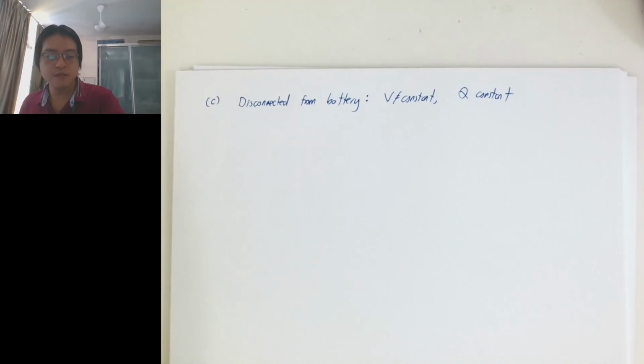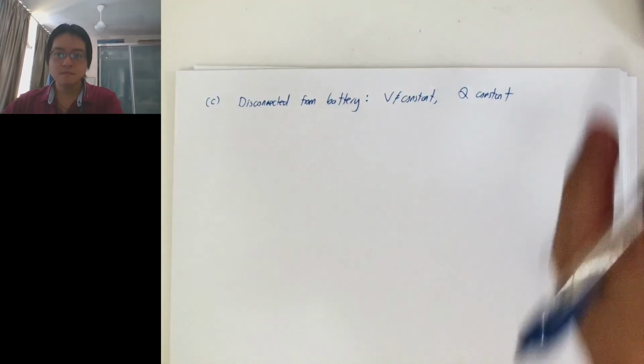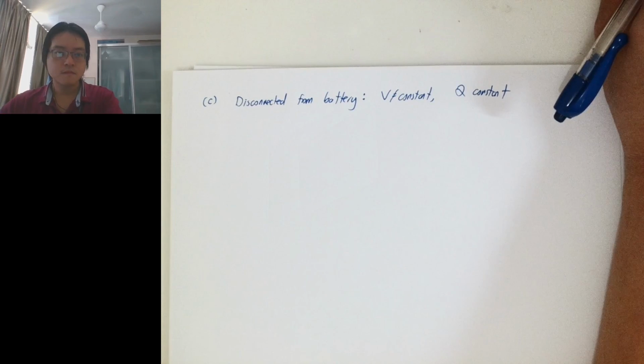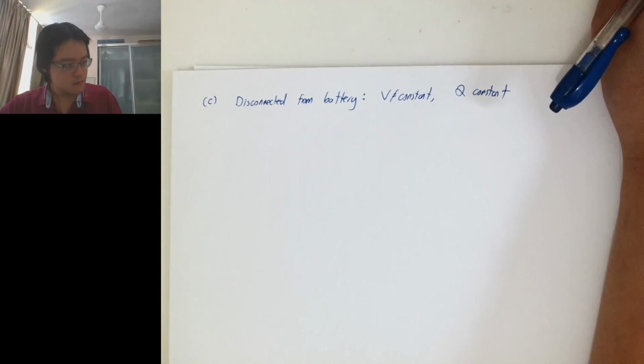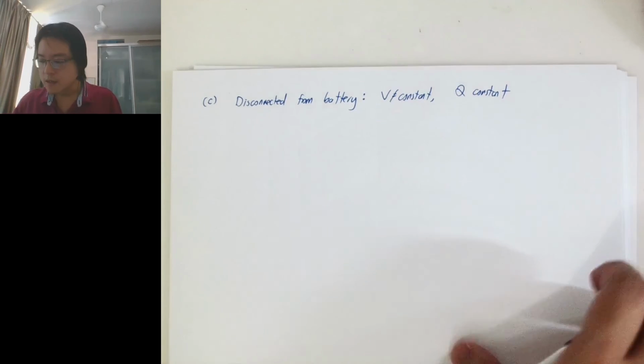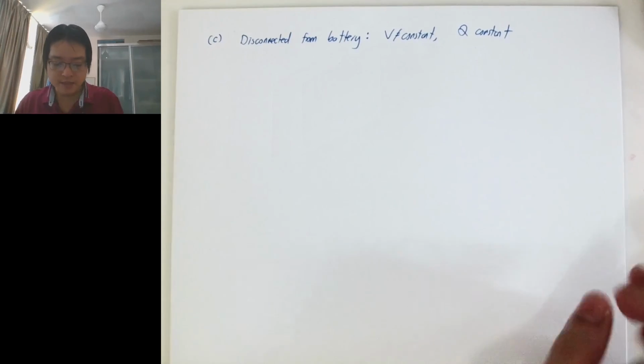Okay, so how do we solve this? If V is not constant and Q is constant, let's deal with this.